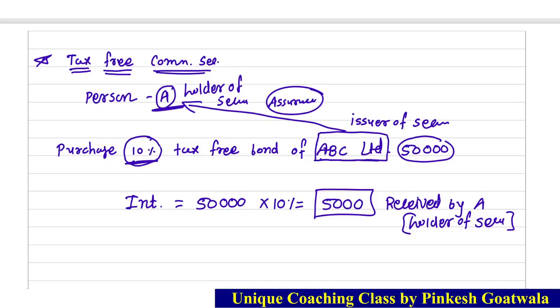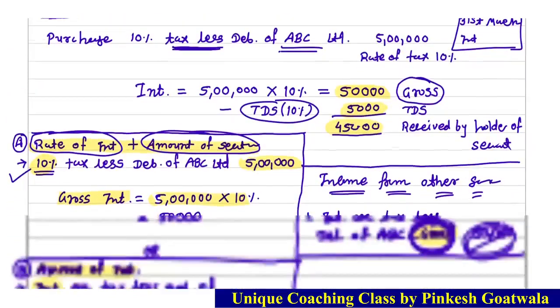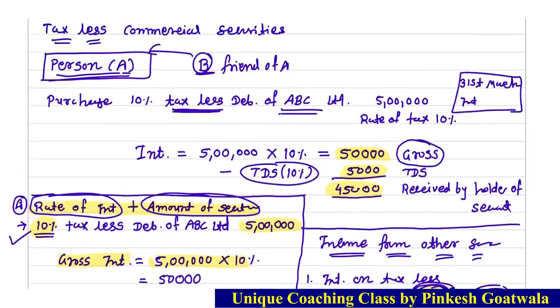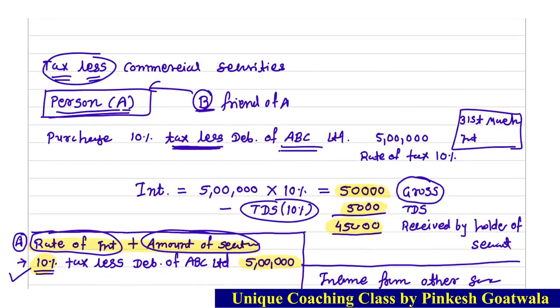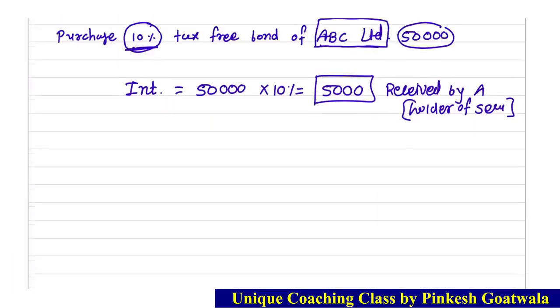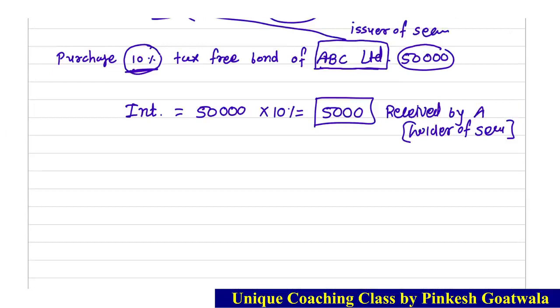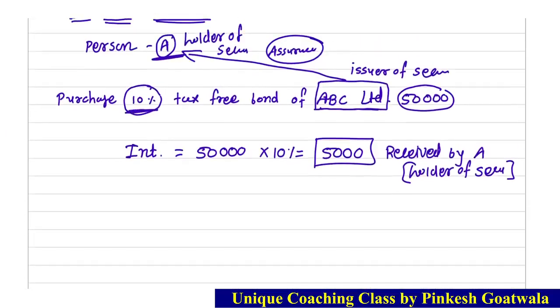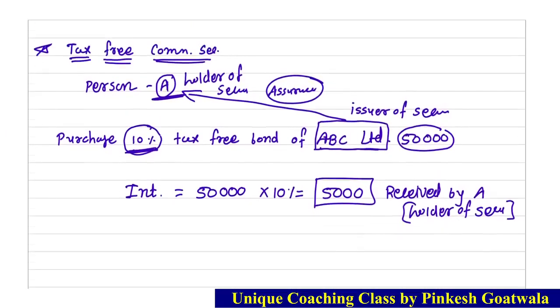No tax has been deducted from that income. No TDS will be deducted. In tax less, TDS has been deducted and then the amount was given. In case of tax less, what happens? TDS is charged, and after charging, the amount that comes is received by the holder. But here it is not this way. TDS will not be charged, and the whole amount at the rate of that interest will be given to the holder of that security.